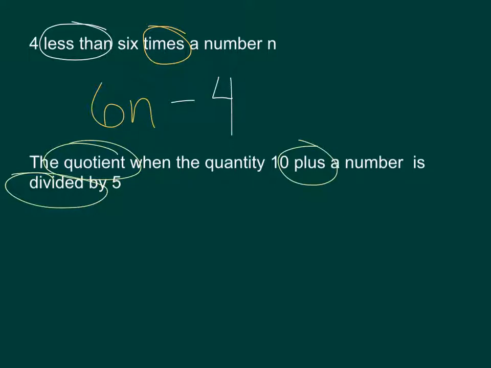Okay, 10 plus a number. 10 plus, what do we want to call the number? Let's call the number q. The quotient means what you get when you divide. So divided by 5. This whole thing is called a quotient. We're taking the quantity 10 plus a number and dividing it by 5. There we go.